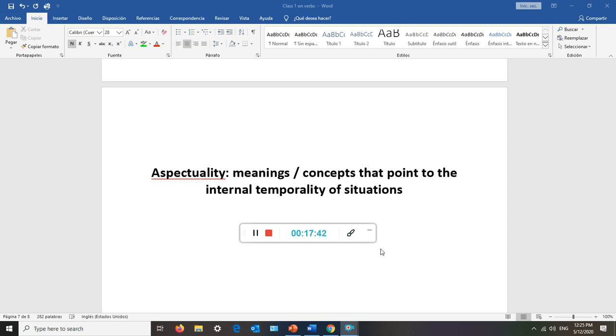For example, the first section in this introduction, page 1 towards the end, when he mentions the definition of tense, he says tense relates the time of the situation referred to some other time, usually to the moment of speaking.